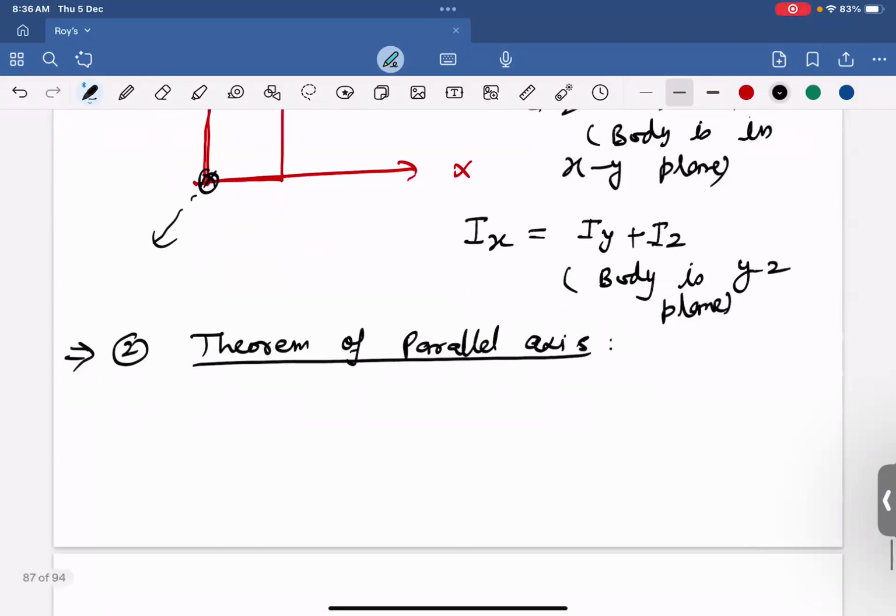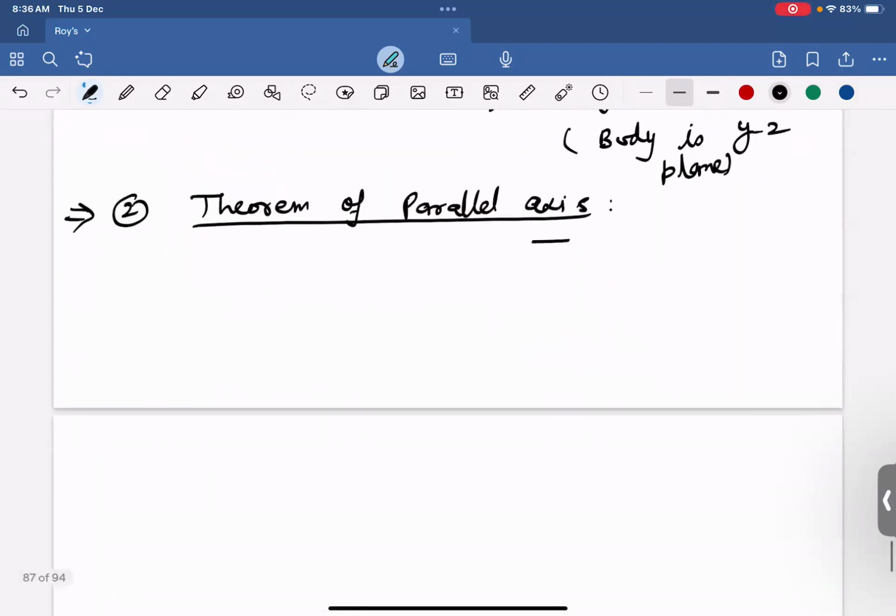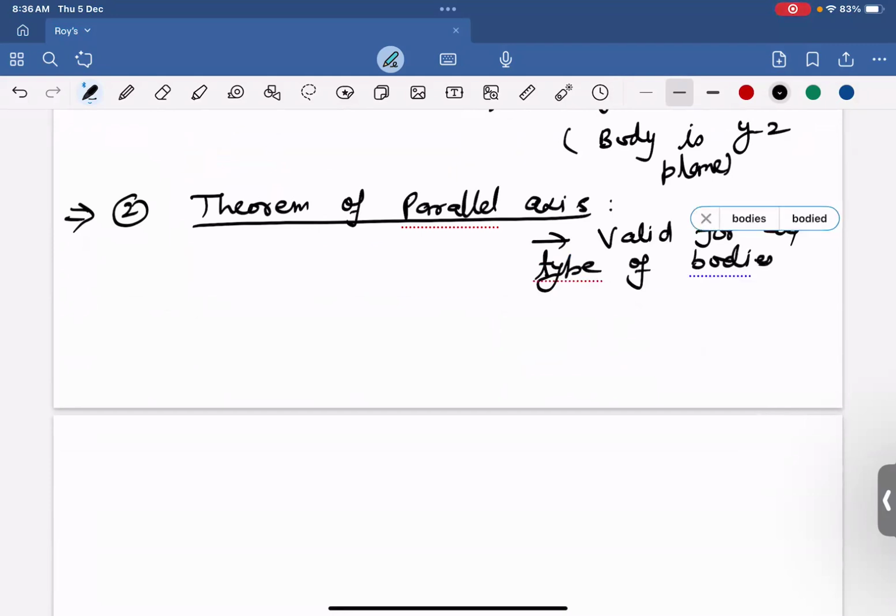Theorem of parallel axis says that now this is more important because it's valid for all types of bodies. Valid for all types of bodies. 1D, 2D, 3D. Okay.